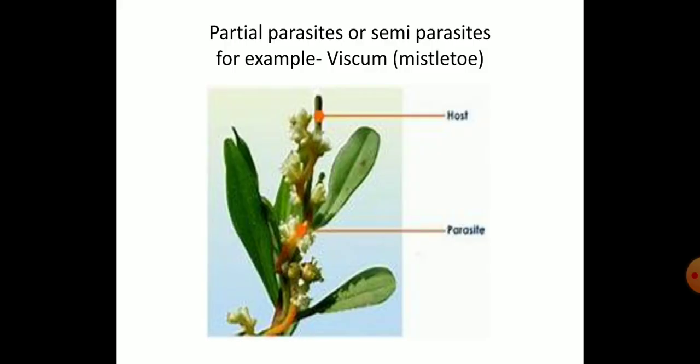Now we will talk about partial parasites or semi-parasites. Partial or semi, its name suggests that this parasite will depend on the host plant for only some materials. So Viscum is a good example.